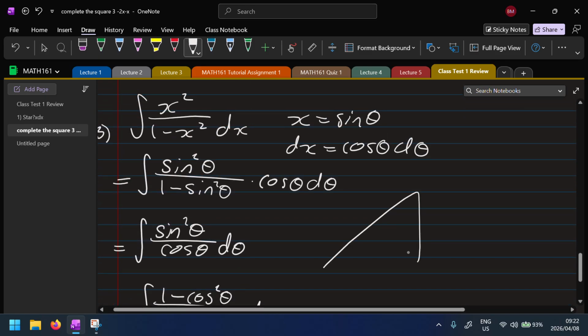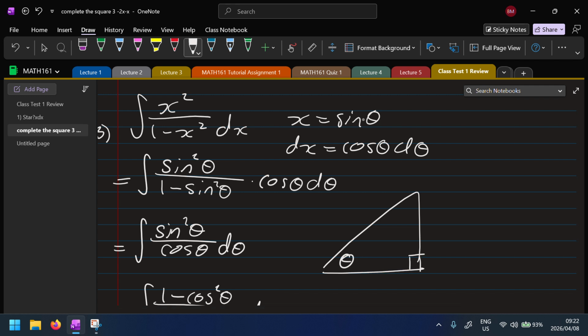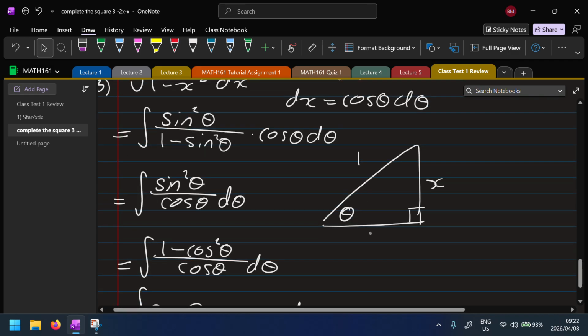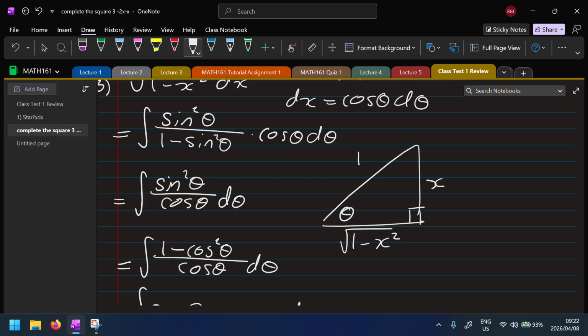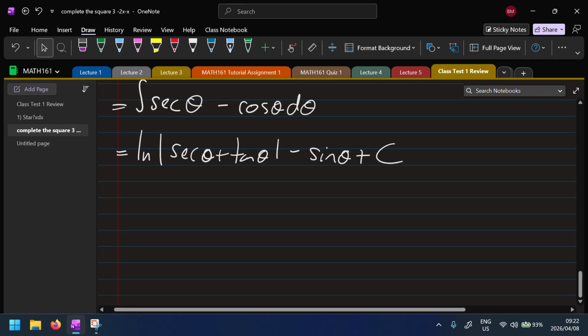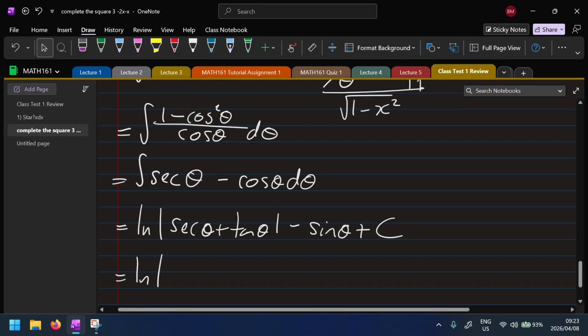Let's do that here. We draw a picture. That's another mark. So sine theta is x, but remember it's x over 1. So we have that. Yeah, and then we can put the things back. So we have ln sec, that will be hypotenuse over adjacent because we swapped them around.